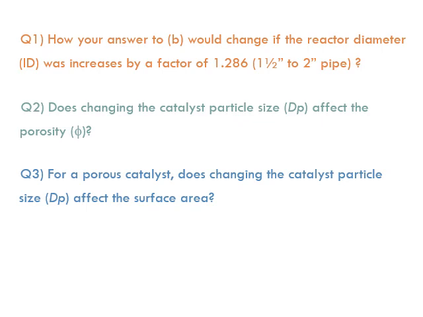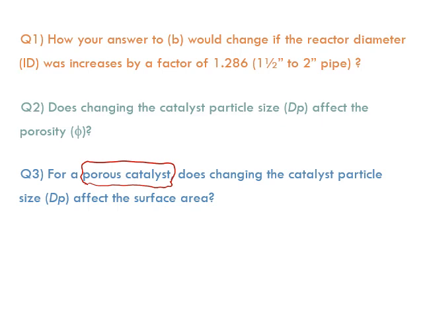Question 3, for a porous catalyst, does changing the catalyst particle size affect the surface area? So again, we are talking here about a porous catalyst. What does porous catalyst mean?